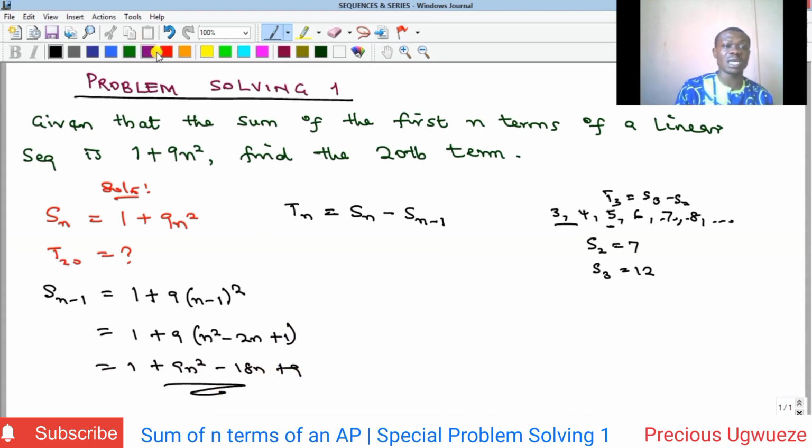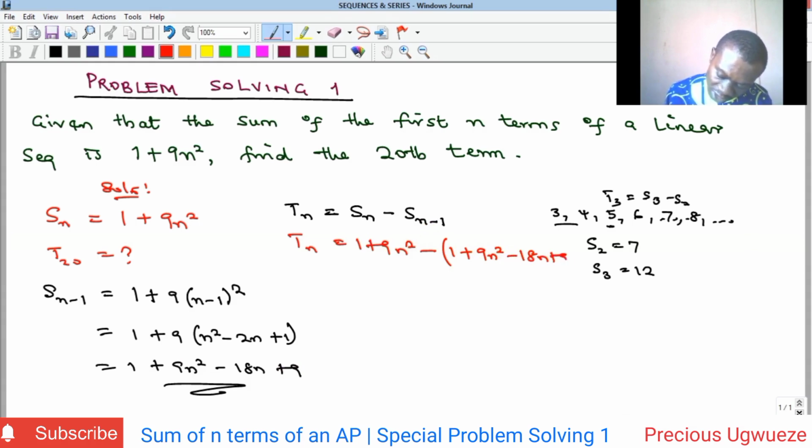If we bring that now to this equation, it means that our Tn is going to be 1 plus 9n squared minus Sn minus 1, which is the whole of this, 1 plus 9n squared minus 18n plus 9.